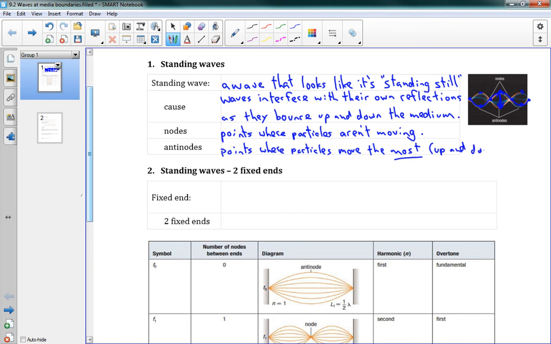Now, it's up and down in our picture. There could be other situations where, instead of up and down, there's pressure waves. There's all sorts of different types of standing waves. But for our picture on the right here, that's where it's moving up and down the most.